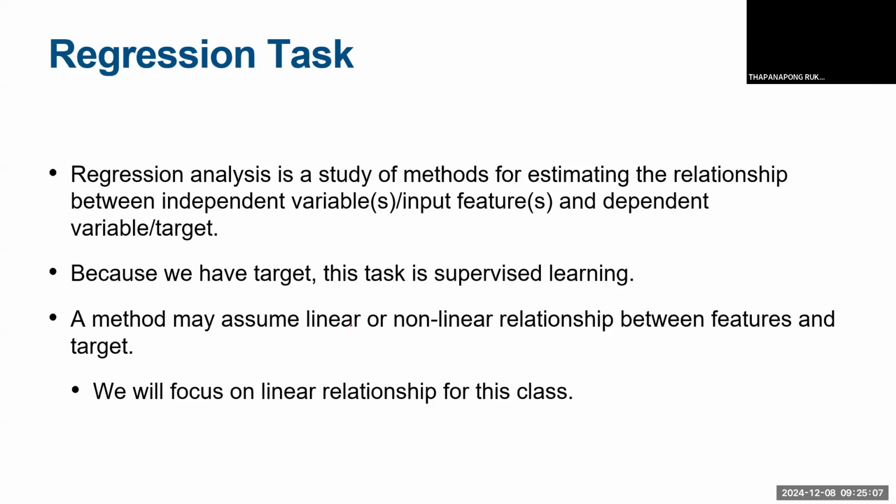Because we have a target, the task is called supervised. Whenever you have a target, you have the correct answer, so that when you evaluate the model, you have something to compare to. When you have a comparison, then it is supervised.